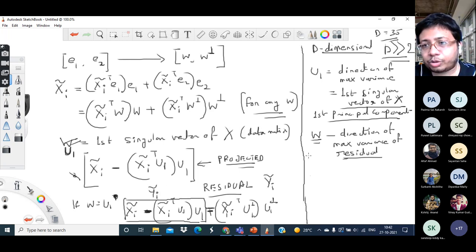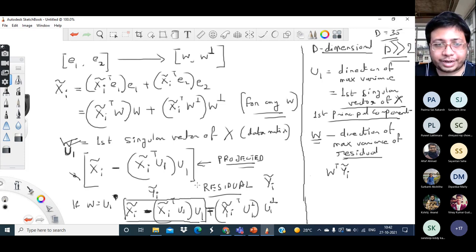So what do I want to do? I want to project the data along a direction W such that its variance is maximized again. The projection of the y's along W is going to be W transpose yi tilde. Now you can convince yourself that for xi tilde we had the relation that the summation of xi tilde is equal to 0.